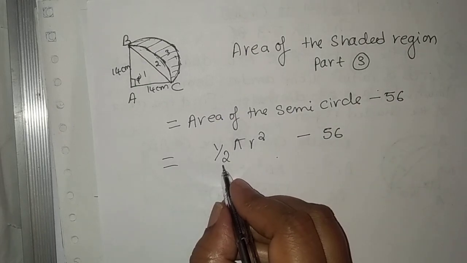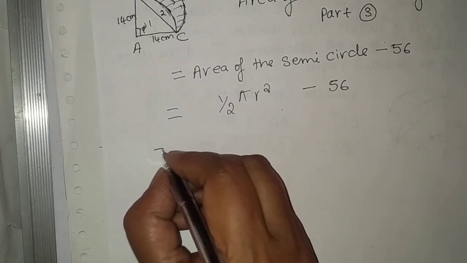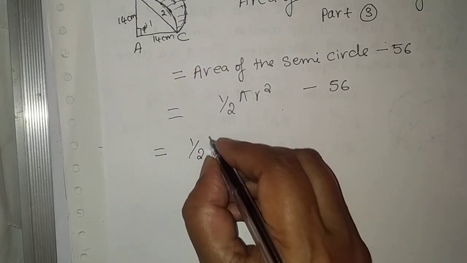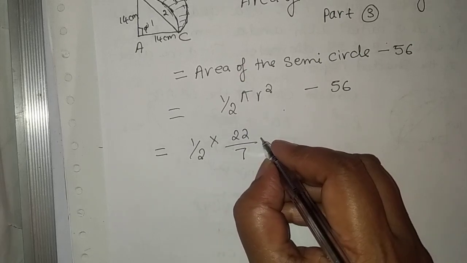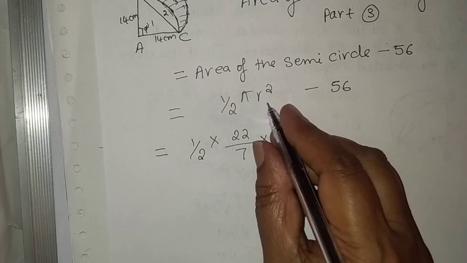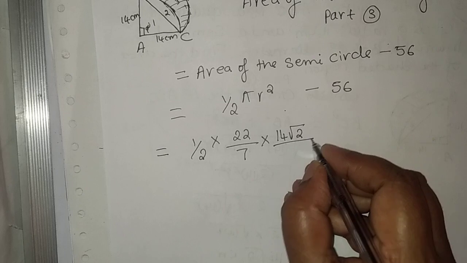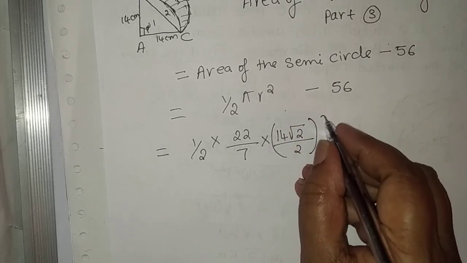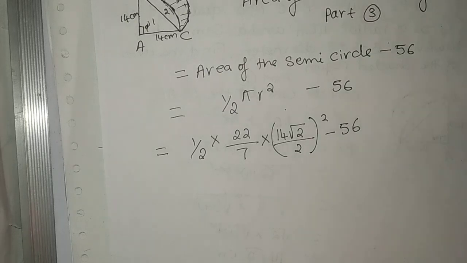Therefore we'll substitute the values here. Half into pi, which is 22 by 7, into r square, which will become 14 root 2 whole square, minus 56. Now we'll substitute the values.